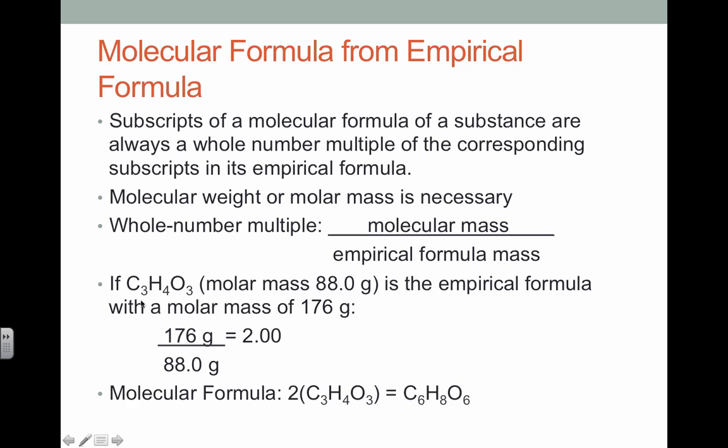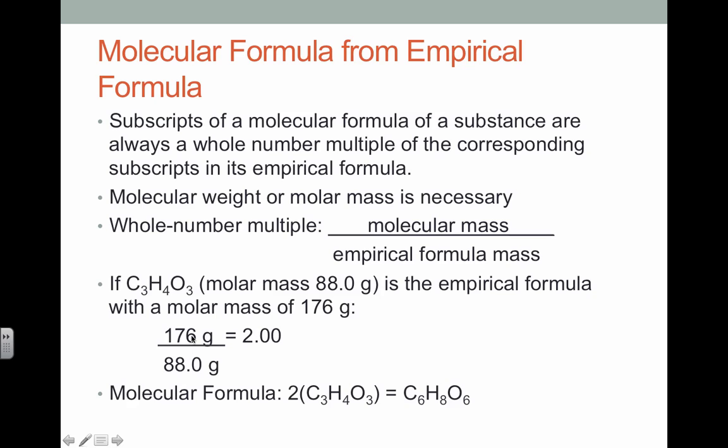Here's an example here. So let's say we calculated the empirical formula C3H4O3, and then the molar mass of this is 88 grams. Remember, that would be 3 times the weight of carbon plus 4 times the weight of H plus 3 times the weight of O. So that gives us 88 grams. And let's say the molar mass or molecular weight is actually 176 grams.